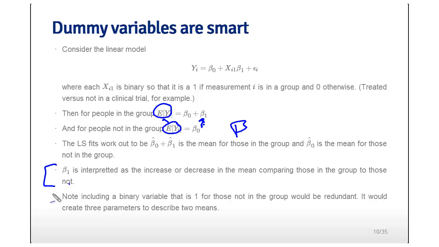Note, by the way, just by the rule that we had on the previous slide, if you know someone is in group 1, let me say this.